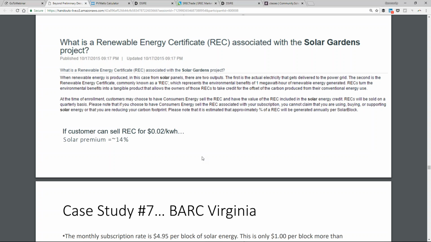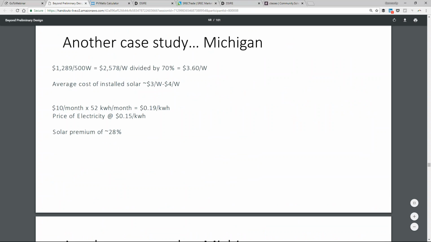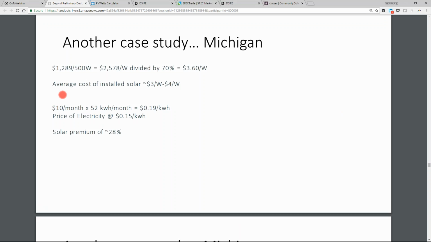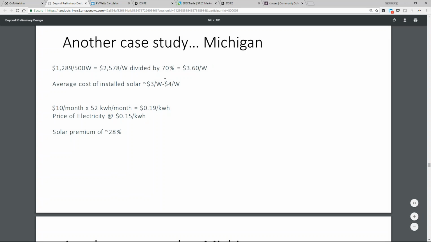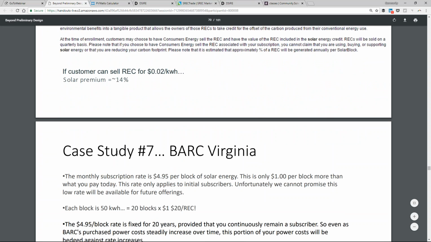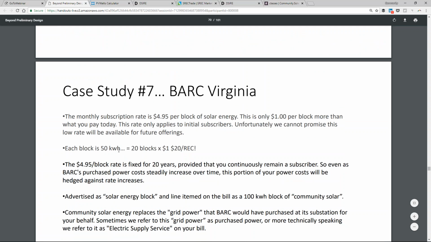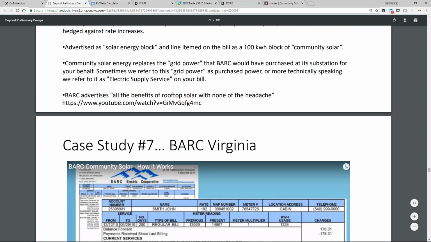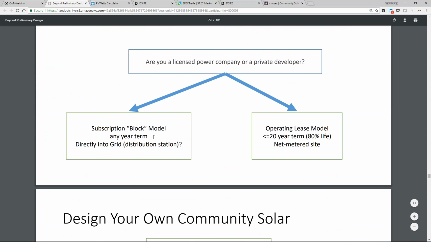So potentially, if you're this customer doing the $10 a month, getting the 52 kilowatt hours of RECs, you're increasing your bill by a rather healthy premium, but maybe you get some money back because the utility is going to be in a better position to sell the REC for you. Maybe they need it and they buy it from you. Maybe they find a third-party buyer, but it's something to take a look at. In the interest of time, though, let's just continue on forward, and we'll come back to this.